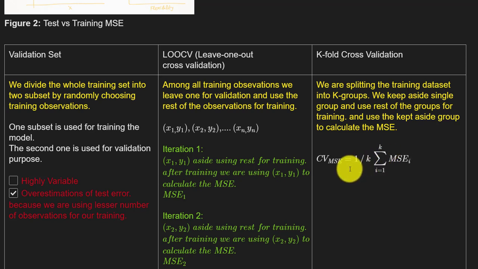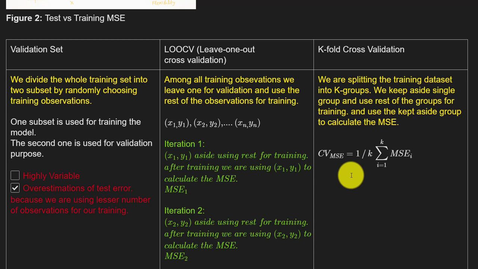Now if you compare these three methods we just discussed, k-fold definitely has a computational advantage over LOOCV, because in LOOCV we have an iteration for each and every data point or observation.